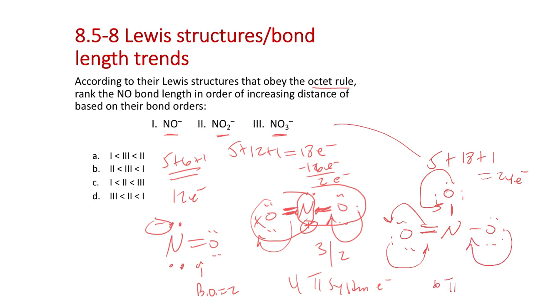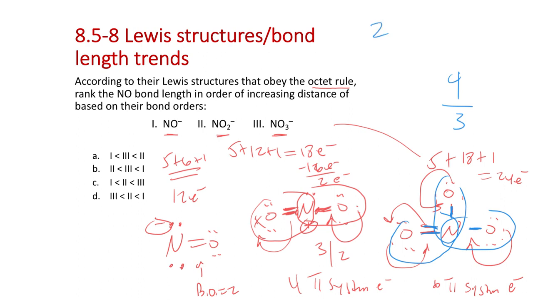So 6 pi system electrons for NO3 minus. And then, let me use a different color pen, I have 2, 4, 6, 8 electrons. That's 4 pairs of electrons being spread across the 1, 2, 3 bonds between the atoms.